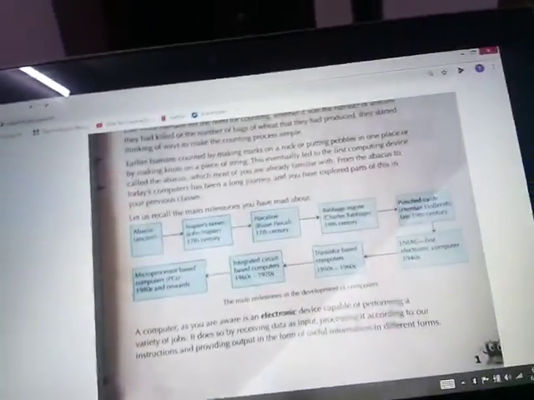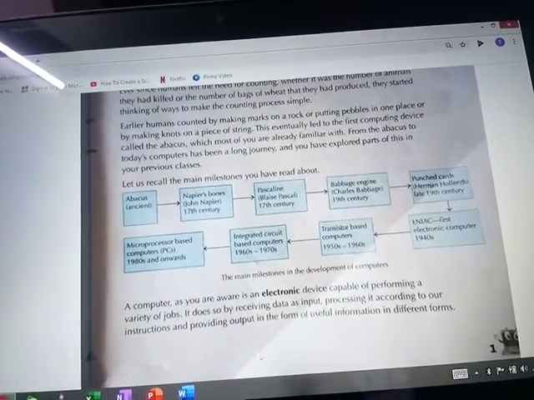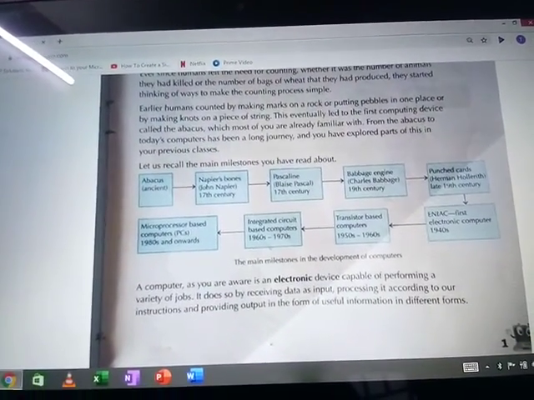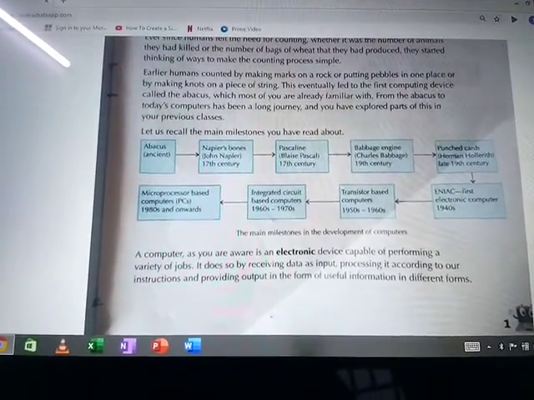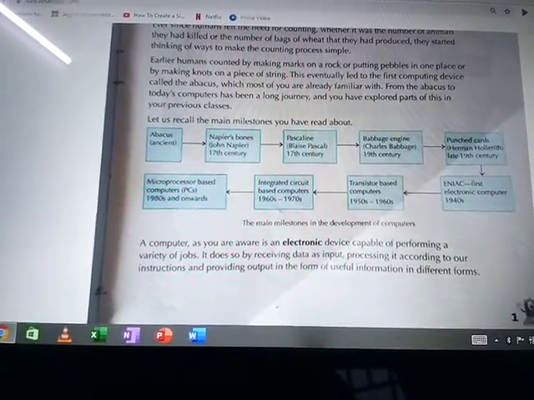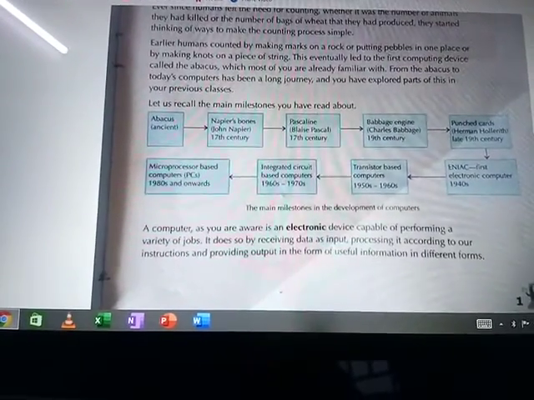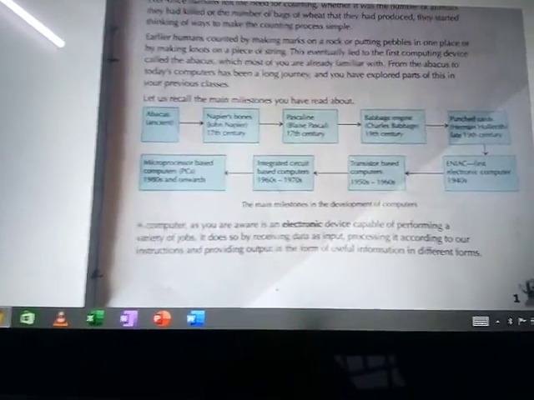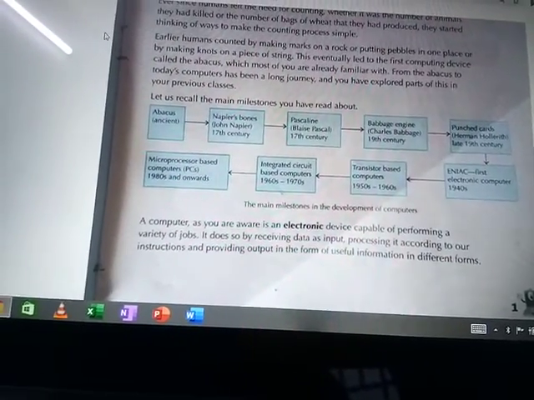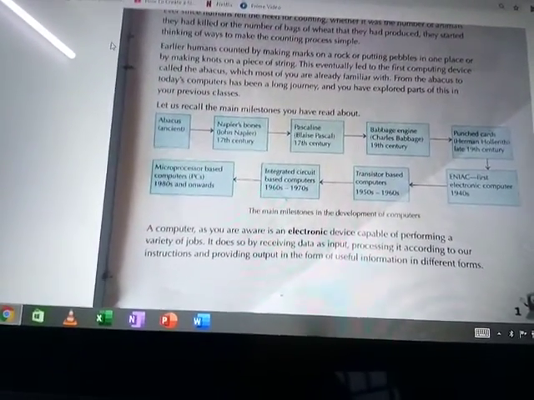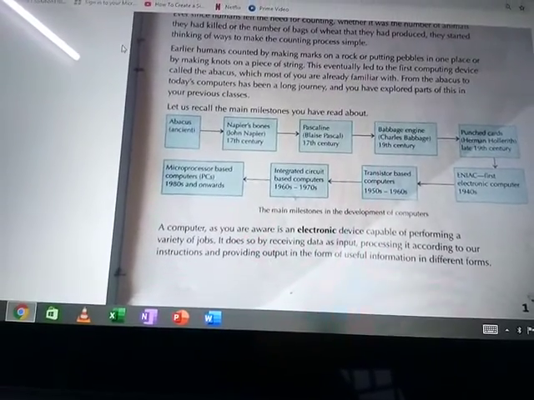The computer was actually invented for mathematical calculation, and then it was developed to do many more operations. So initially the abacus is an ancient device, which we call a computing device, used to compute some calculation. Abacus was the first computing device.